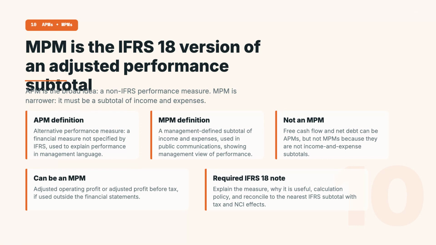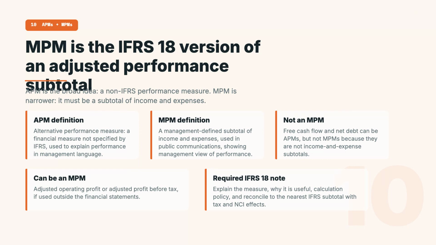Net debt is not an MPM either because it is a statement of financial position style measure, not a profit or loss subtotal. Revenue growth is also not normally an MPM because it is not a subtotal of income and expenses. If a measure qualifies as an MPM, IFRS 18 requires disclosures in a single note.